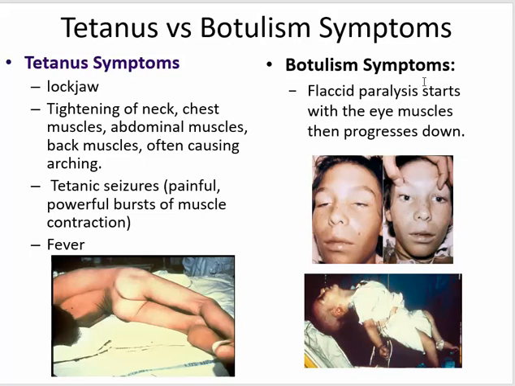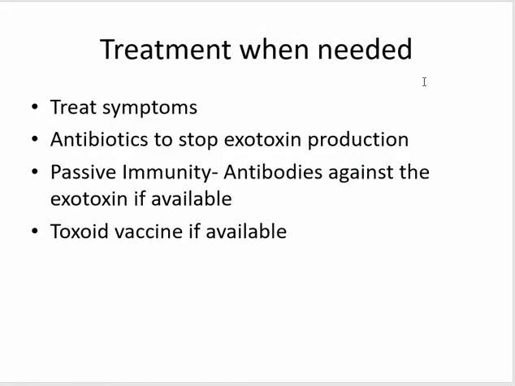Okay, so all of this being said, how do you treat an exotoxin-based disease? Well, the first thing that you want to do is stop the infection from getting bigger, so you give antibiotics. You also want to trigger the immune system. If you've got a vaccine against these organisms, you give it so that your body will start creating antibodies to grab onto and neutralize any exotoxins that are there.